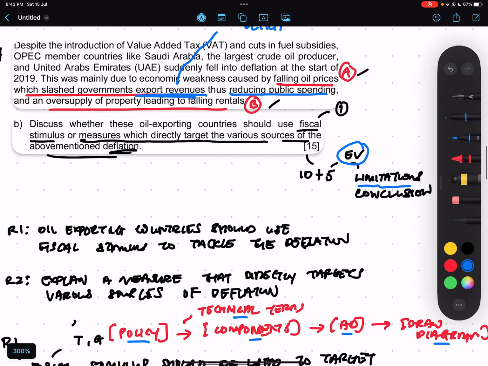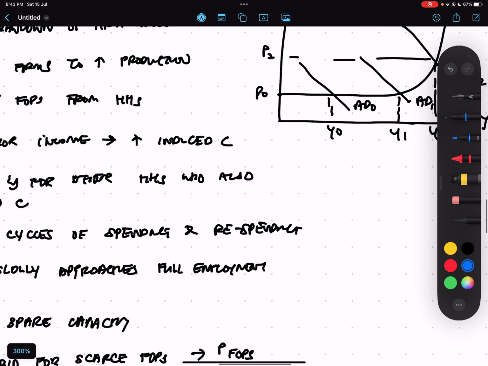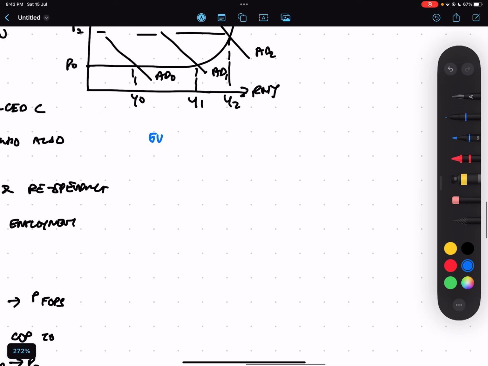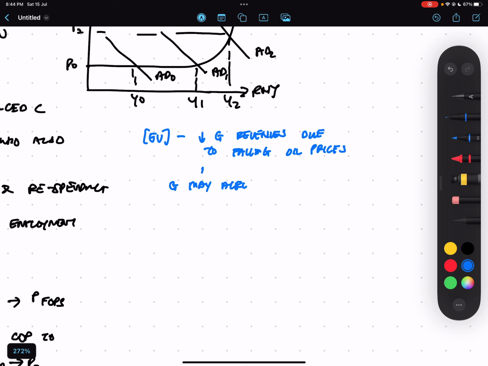Okay, so two things will happen, and you can write two points like this. For evaluation, you can say that there is a decrease in government revenues due to falling oil prices. The government may already be facing a budget deficit.